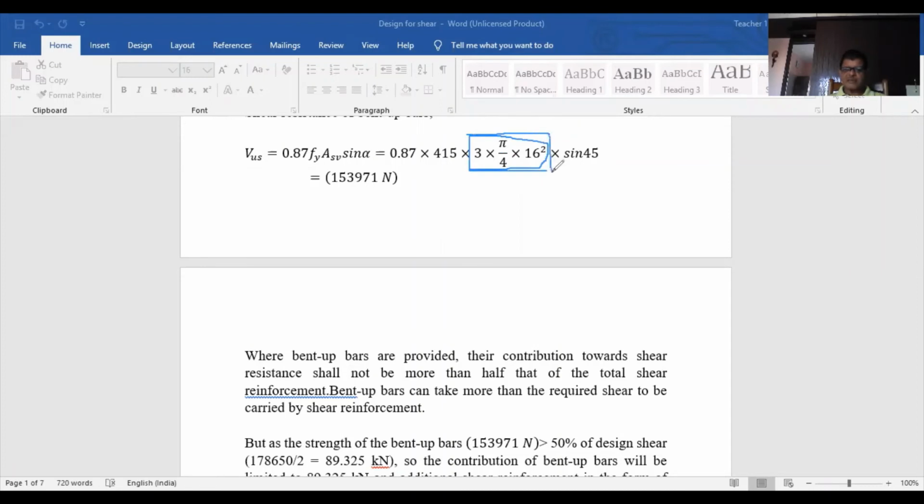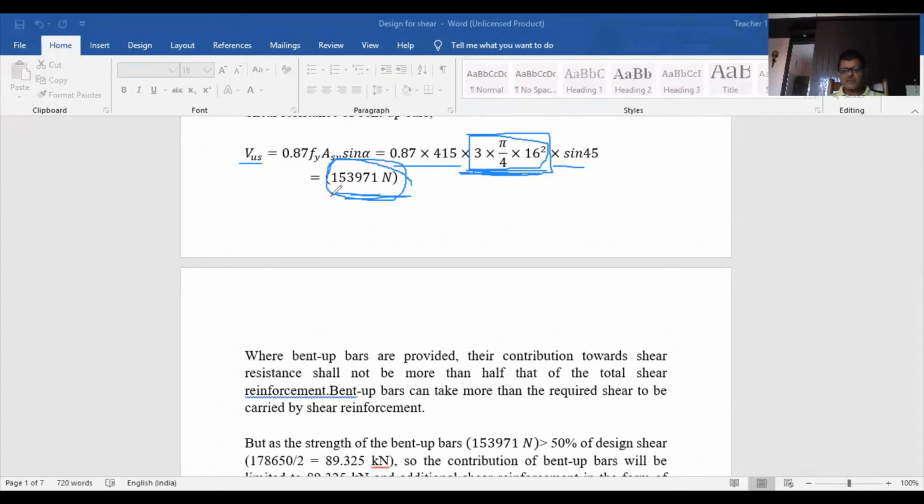It is the area of the bar bent up at that cross section. So 3 bars have been bent up out of 6 bars. So 3 bars into pi by 4 into 16 squared, multiplied by 0.87 fy into sin alpha. This is the bent up bar resistance. So bent up bars can take this much of shear.